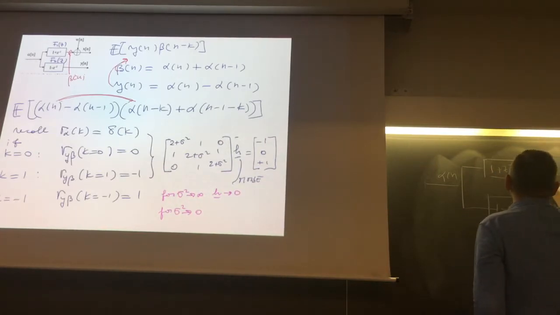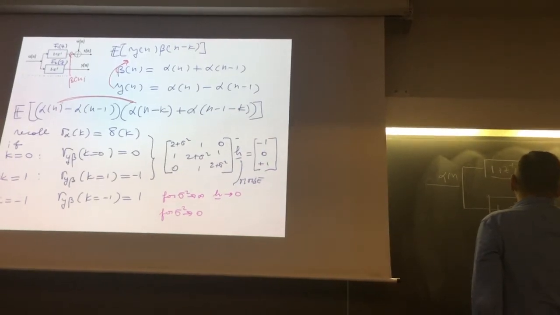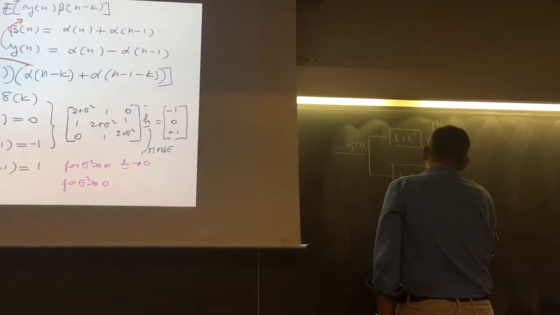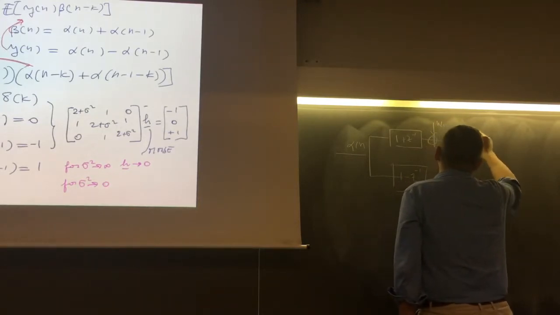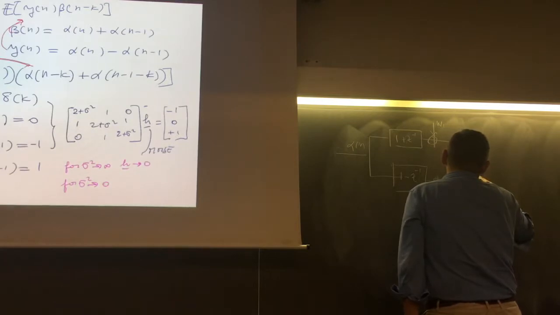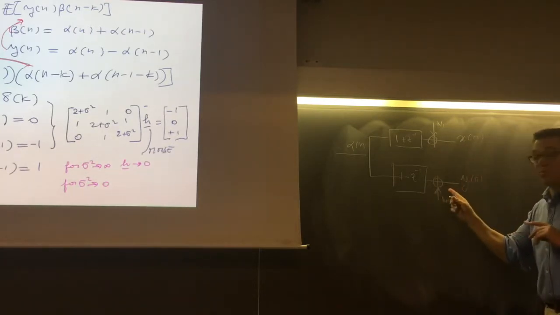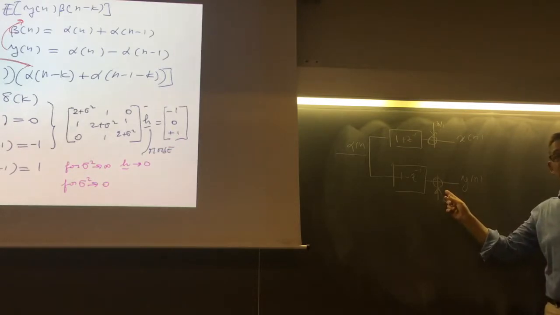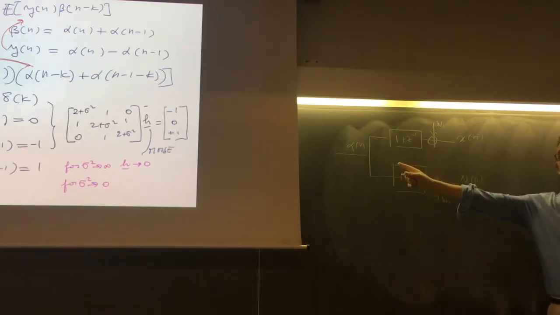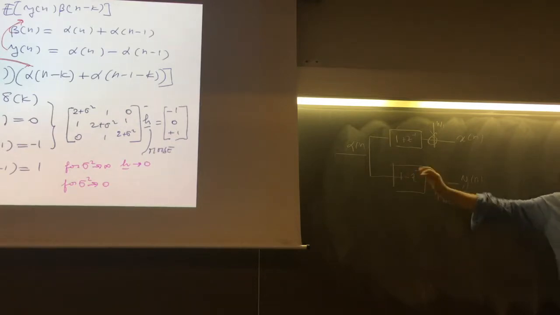Here I have noise W1, and here I have another noise W2. This is xn, this is yn. Differently from the previous exercise, there exist 2 noise effects, because otherwise, if I don't put this noise effect, the way to estimate alpha is trivially done, because I simply invert this.